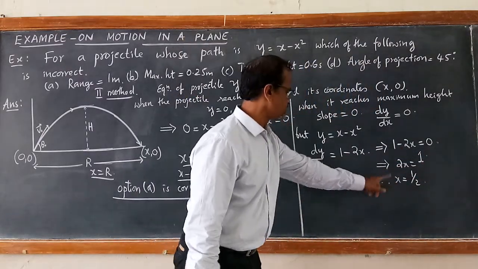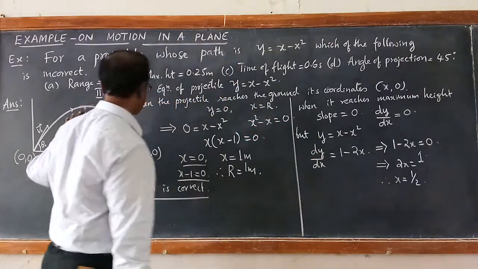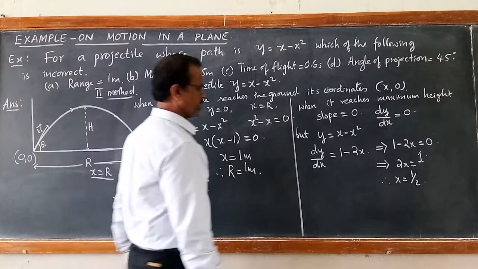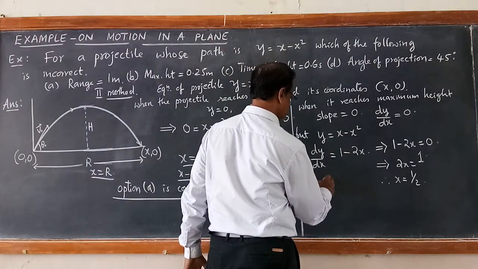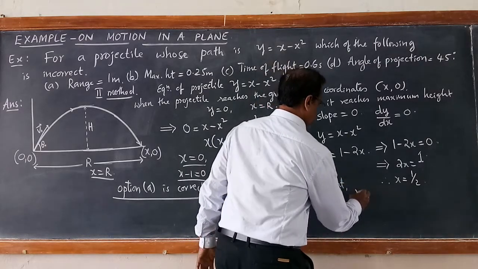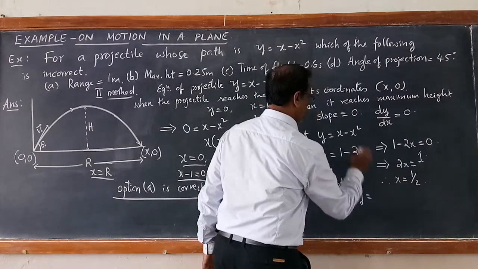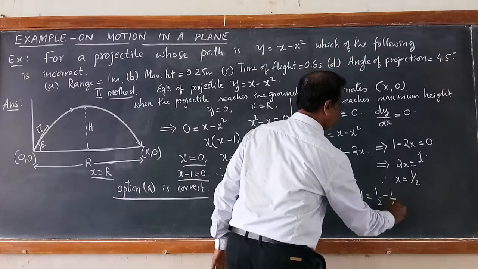Now substitute this x equal to 1 by 2 in this equation, so we will get the value of the y component. Therefore, at maximum height, y is equal to half minus half square.